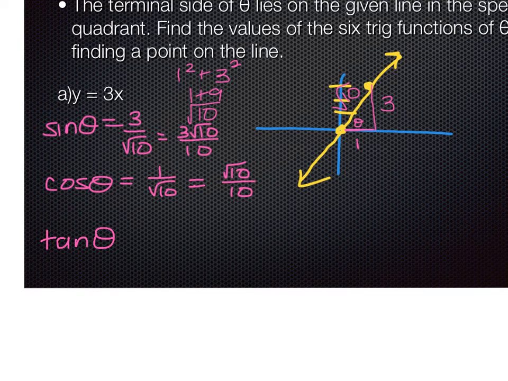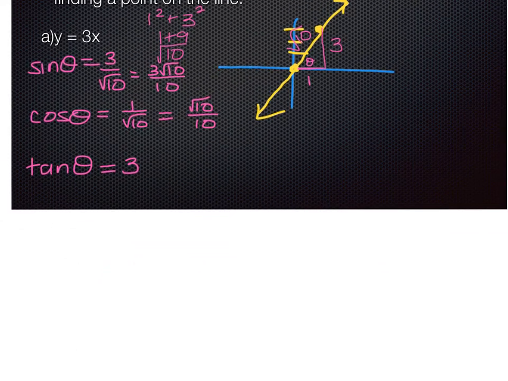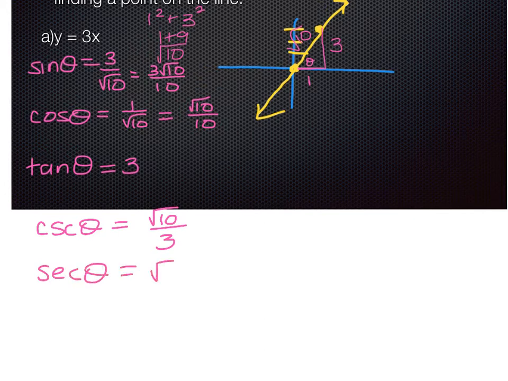The theta will always be in the little corner from the terminal side to the x-axis. Okay. It always goes nearest the x-axis. Tangent, 3 over 1, so 3. Then find your reciprocal functions. Cosecant, flip before we rationalize, square root 10 over 3. Secant, flip before we rationalize, so just root 10. And cotangent, 1/3.